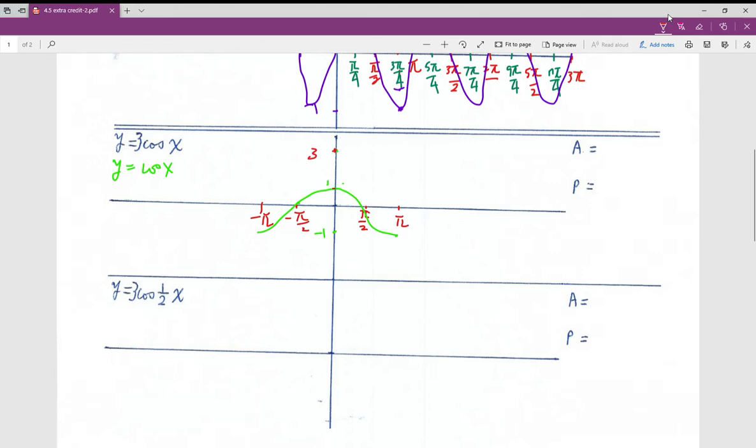So 1 times 3, negative 1 times 3. So you have negative 3. So here you have negative 3, negative 3. And 0 times 3 is still 0, no change. So you have this graph.